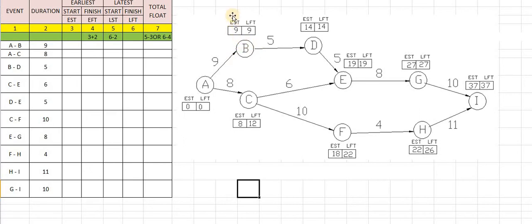While feeding EST we have to take the next point, and while taking LFT we have to take the previous point. The next point is nothing but from this 0 to A to B. So A to B duration is 9.